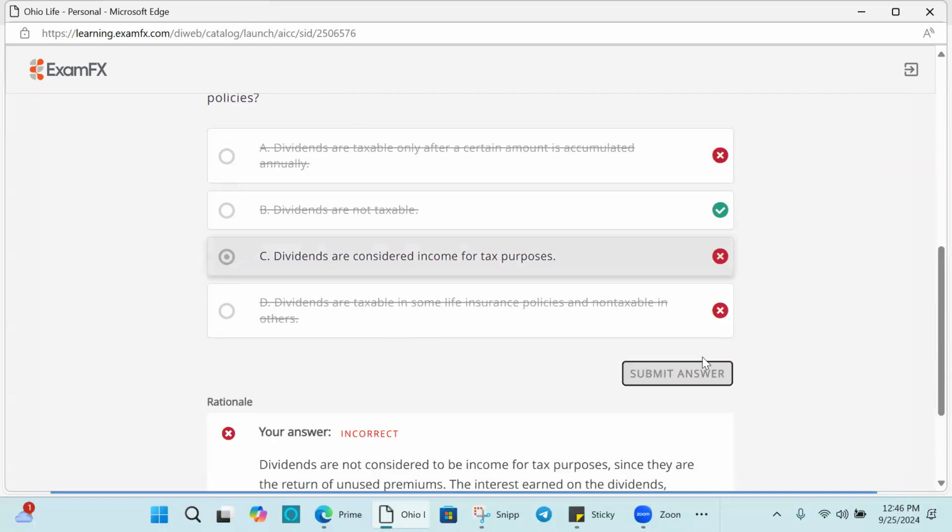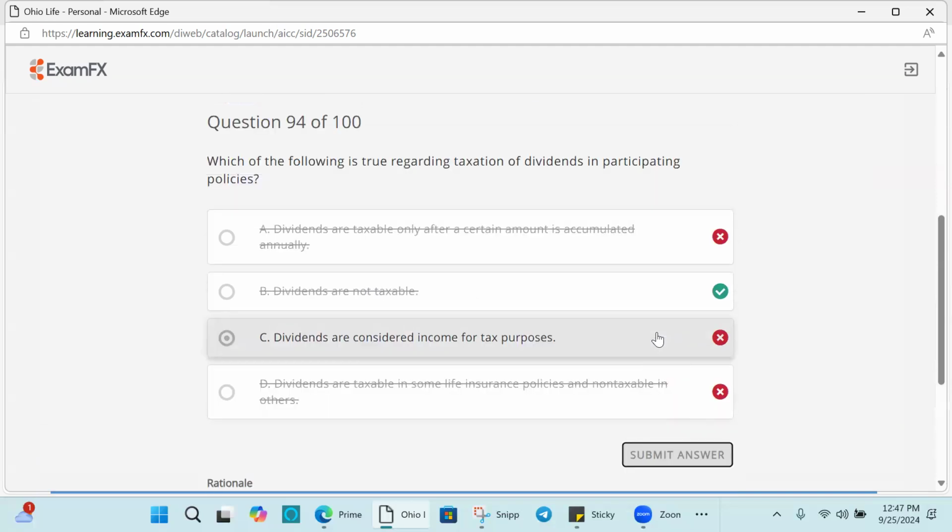So first of all, the dividend is an unused premium, an excess premium. Dividends are only for mutual life insurance policies. Dividends are never guaranteed.